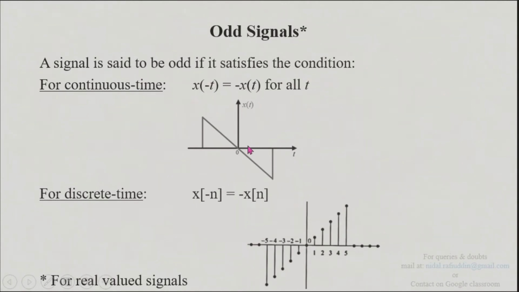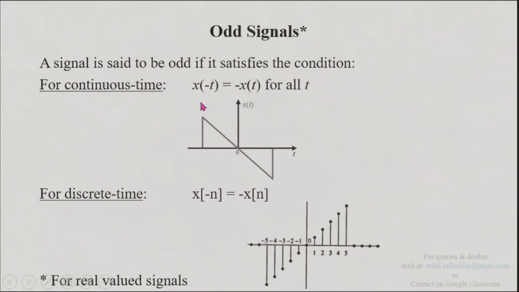And if we substitute t by minus t, the positive values of t will be replaced by negative values, and the values which were negative will now come out to be positive. So in order to make them negative, we add a minus sign here, so that the condition is satisfied.